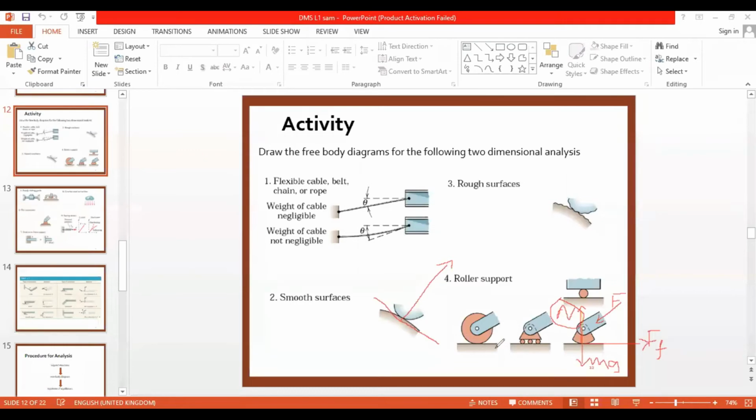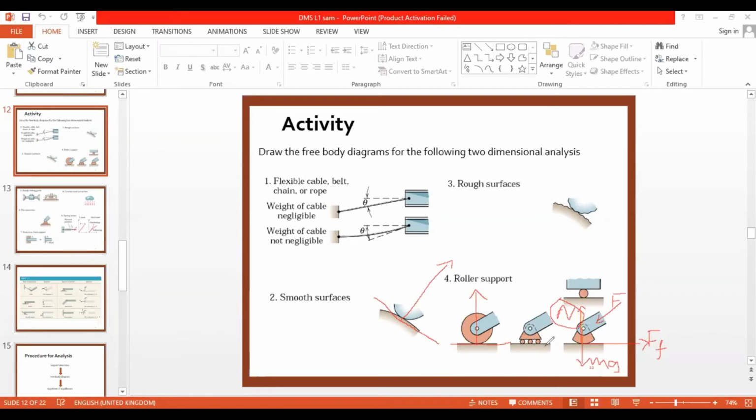So here also the same case. This is a curved surface, this is a plane. So I draw a perpendicular to the curve, and the normal force will be applied in the perpendicular direction. A similar case here also: if it is a curved surface, I draw a perpendicular, and the normal force will be applied perpendicular to that. But here the case is different.